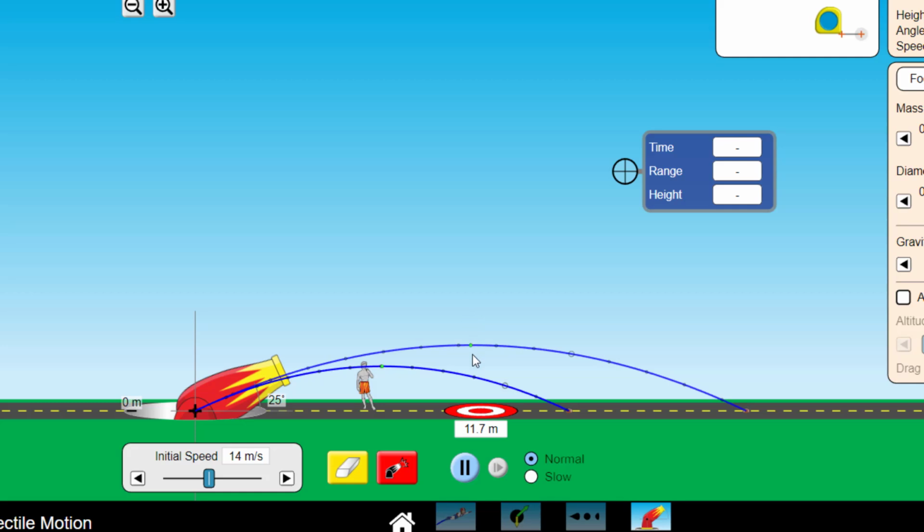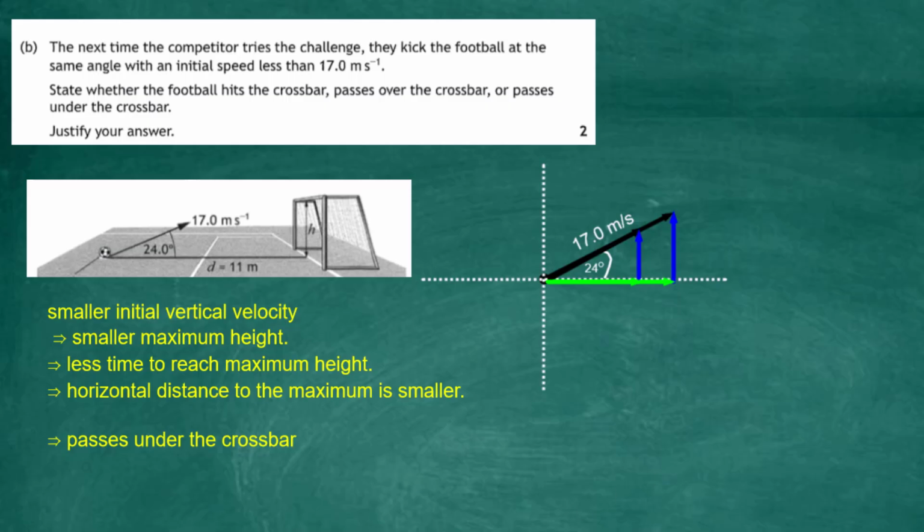So if the goalpost was in this particular direction here, you can see very clearly that the ball will go under the crossbar, and that's all because you have decreased the vertical and horizontal components of the ball. So it's better to prepare your argument by looking through the PHET site, varying things and seeing what happens. So back to our question again, and our final answer is it passes under the crossbar for the reasons we've just stated.